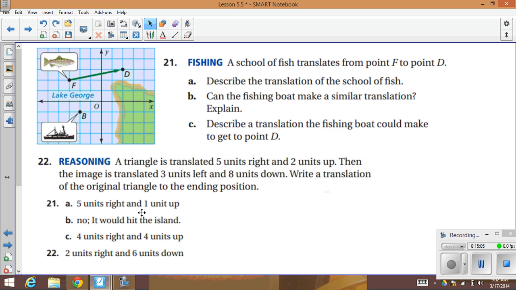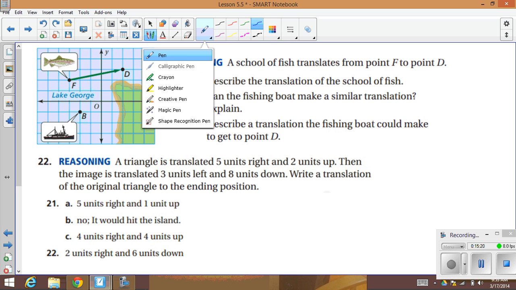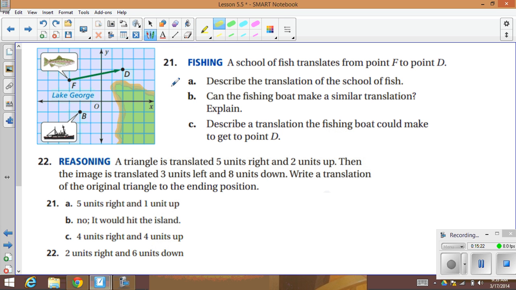And then number 22, the triangle is translated 5 right and 2 up, and then the image is translated 3 left and 8 down. Write a translation of the original to the ending. So I want to take a look at this and this. It went 5 to the right, and then it went 3 left.